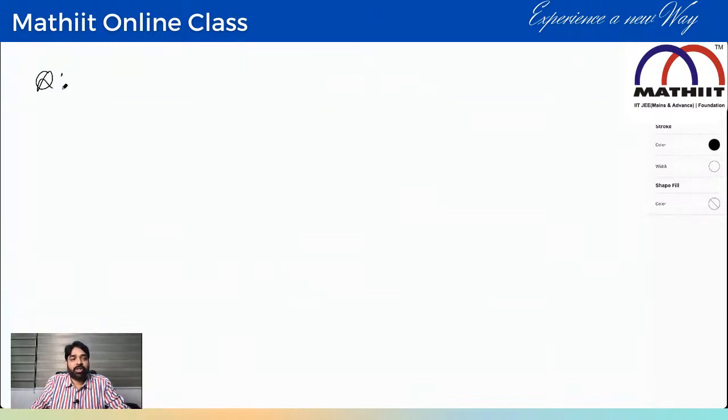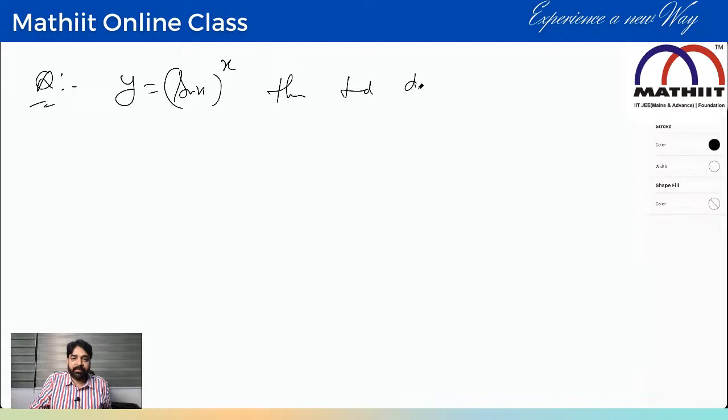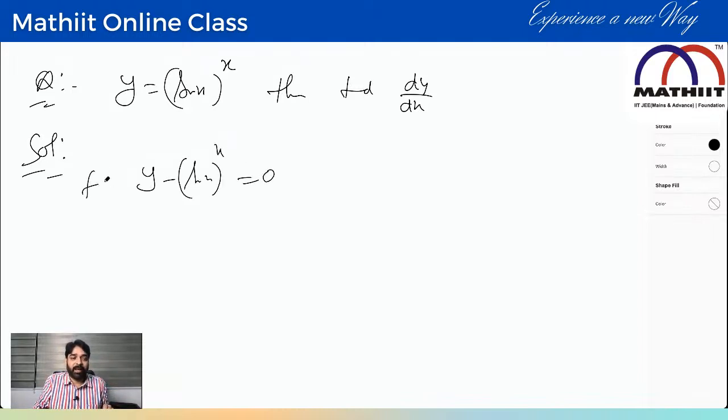Somebody asks you the question, find dy by dx if y equal to sin x power x. Sin x power x. Then find dy by dx. Okay. I will read this question this way: y minus sin x power x equal to 0. This is my f.